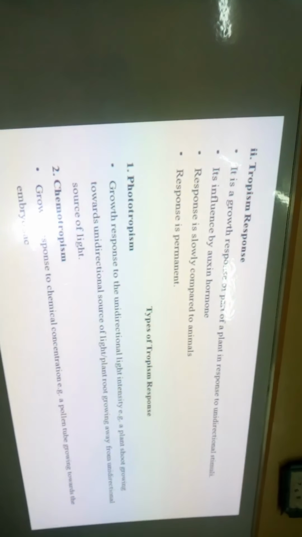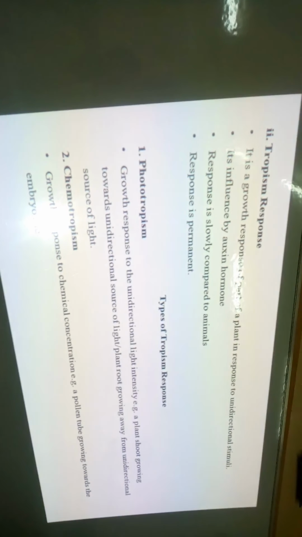The tropic response is influenced by auxin hormones, as I've already mentioned. Compared to tactic response, it is slow. Why? Because growth is a slow process, starting with the release of the auxin hormone, then migration of the auxin hormone, which as a result causes the growth.